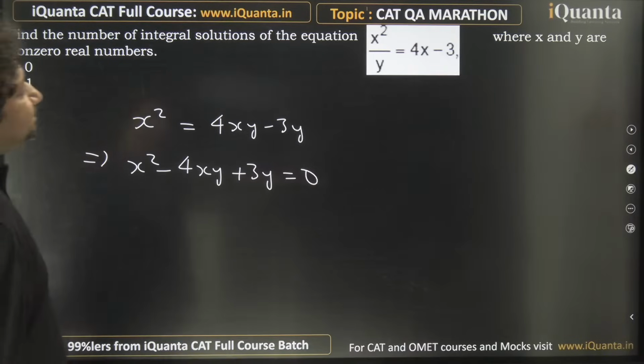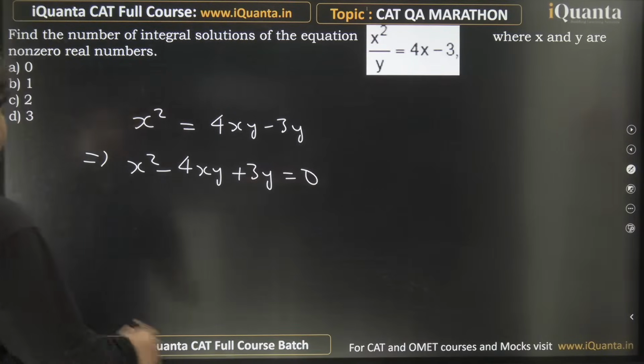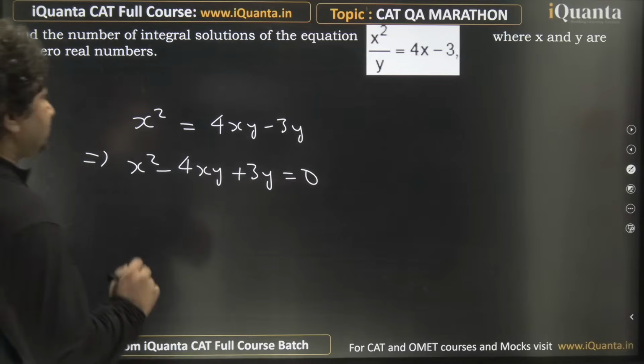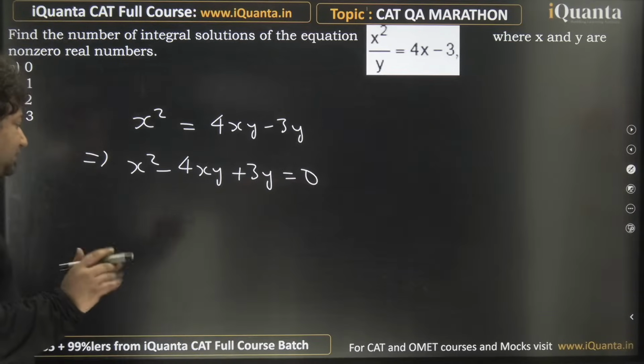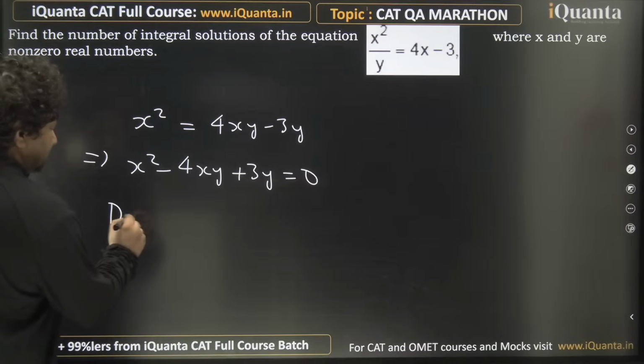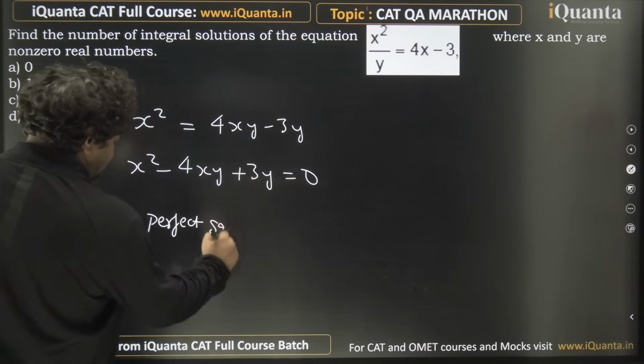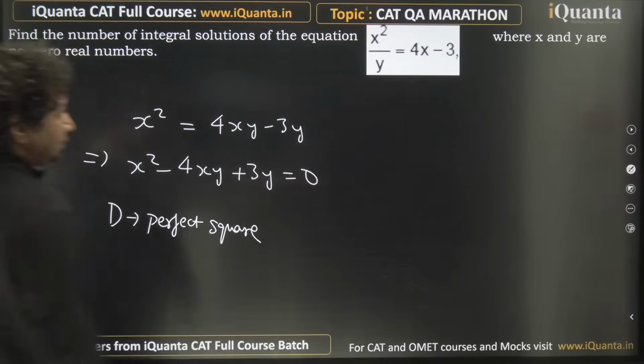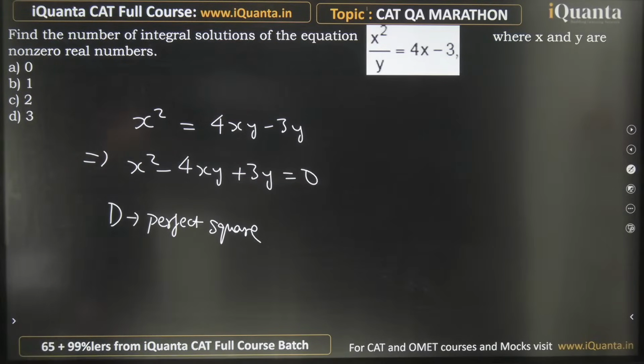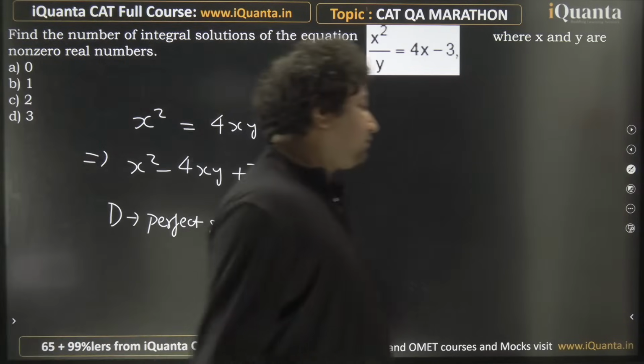Okay. So it has got integral solutions. What does that mean? That means the discriminant is a perfect square. Yes or no? The discriminant is a perfect square. Right? Is this part clear?